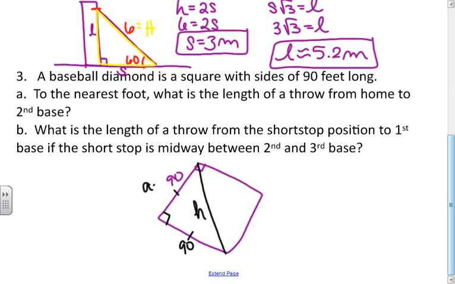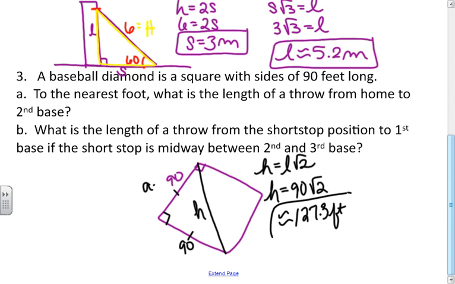And so we know that the hypotenuse is the leg times the square root of 2. Our leg is 90, so our hypotenuse is 90 square roots of 2. And if we go to our calculator, because we don't measure in square roots of 2 units, we have approximately 127.3 feet to make that throw.